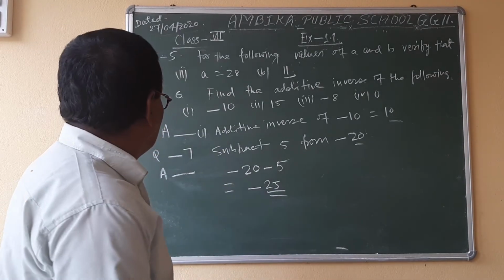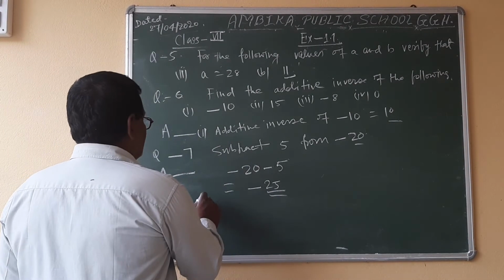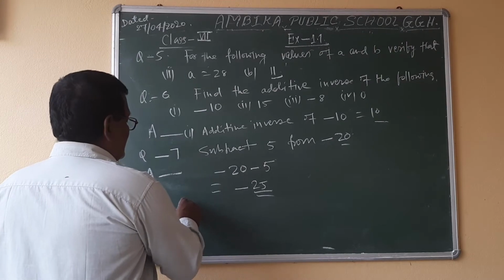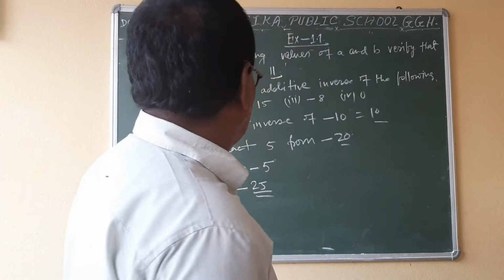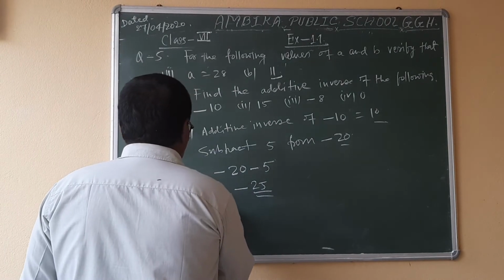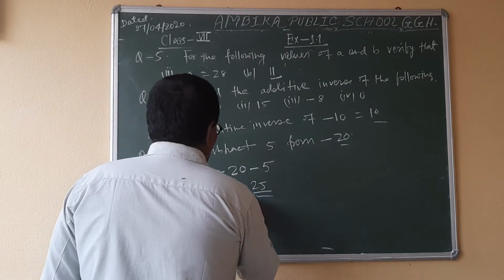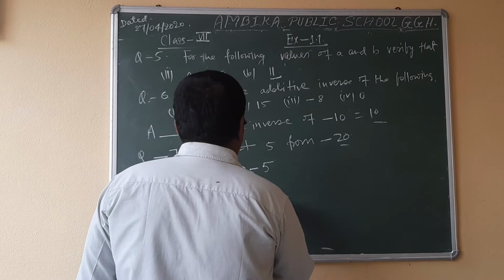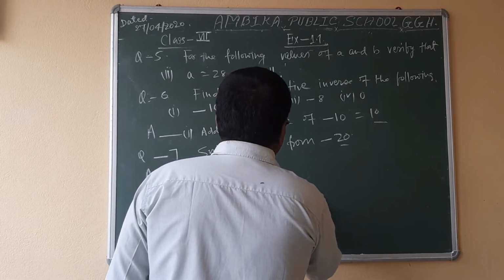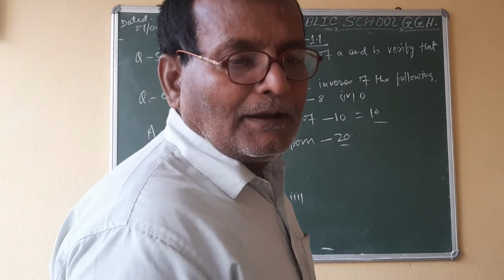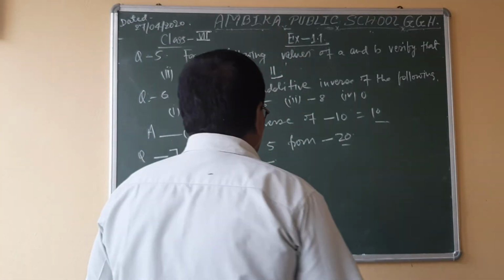Similarly, you will solve these questions. Number 2: subtract minus 5 from 20.